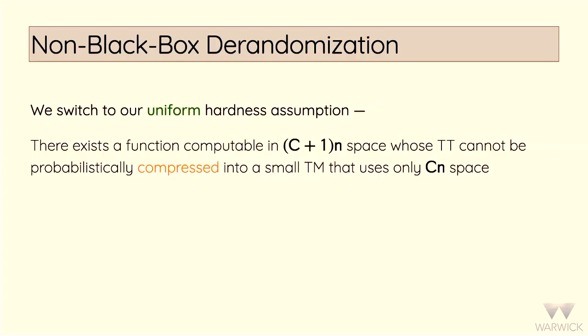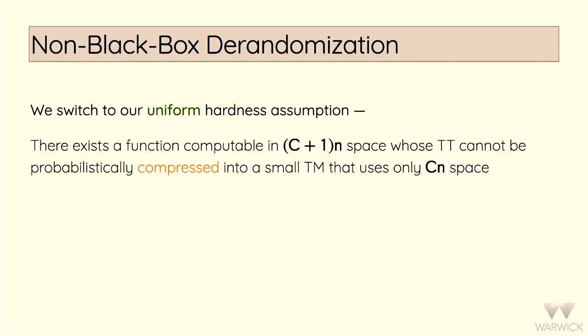Let's move on to the non-black box de-randomization results. There we assume that we have a function computable in (C+1)n space that cannot be compressed, so it cannot be efficiently compressed into a Turing machine that uses less space.